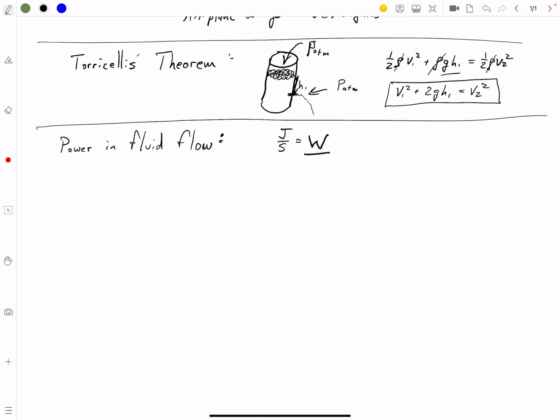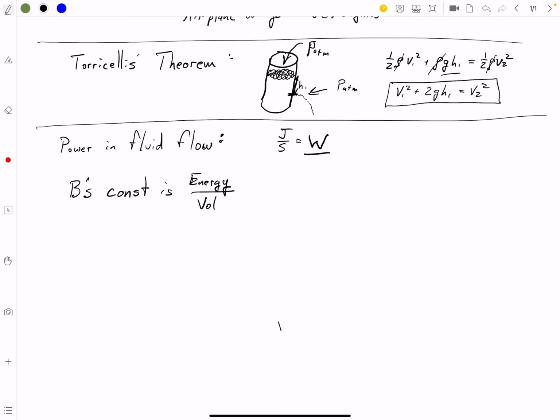So now we can look at Bernoulli's constant. What's up, B? Bernoulli's constant is energy per volume.